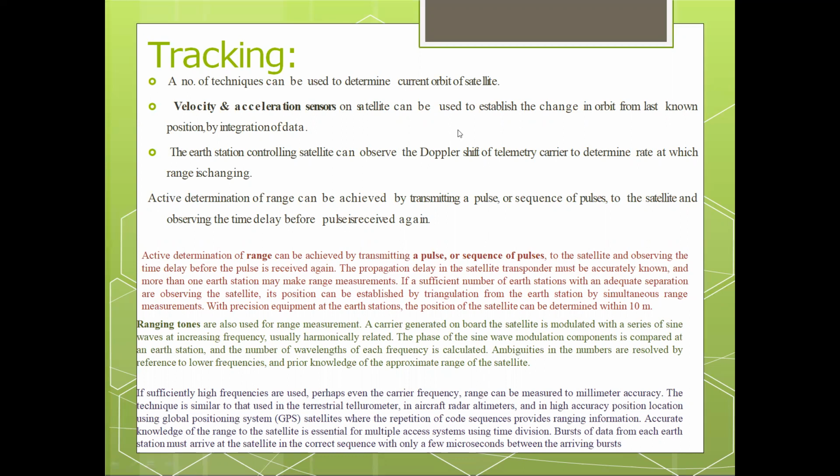This is done with proper sensors located on the satellite.